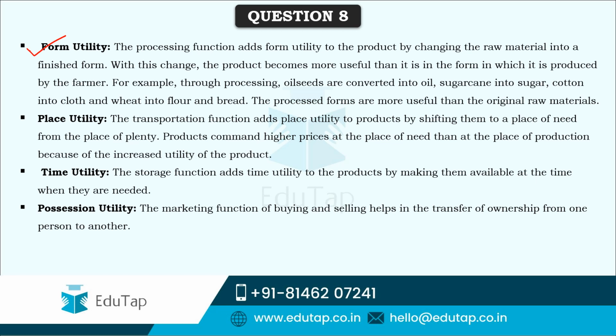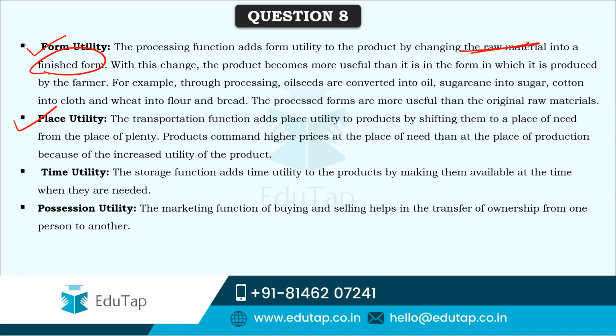Oil seeds are converted into oil, sugarcane into sugar, cotton into cotton cloth, wheat into flour and bread. So this comes under form utility, where the processing function adds form utility to the product by changing the raw material into a finished form.